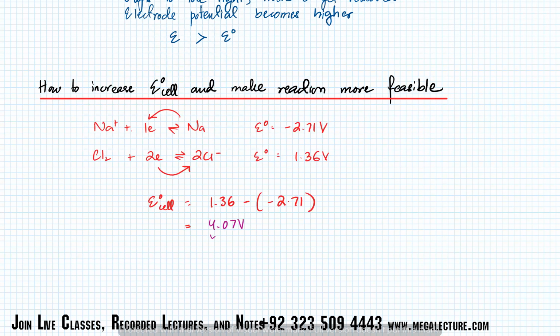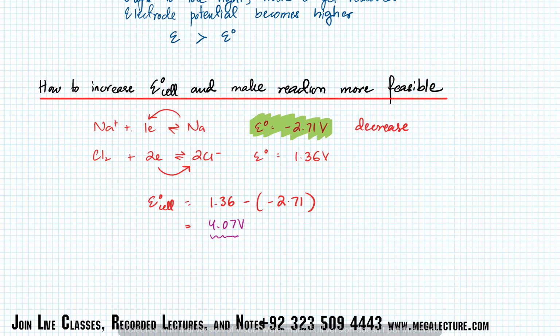So if I were to make it even more feasible, okay, what I need to do is, if I want to make it more feasible, I'm going to try and decrease this.